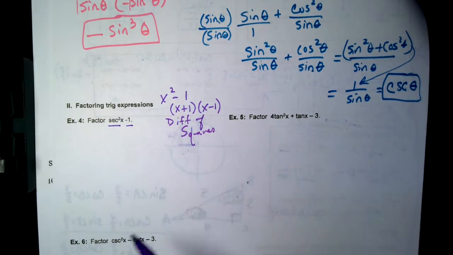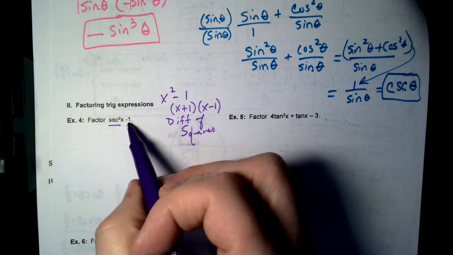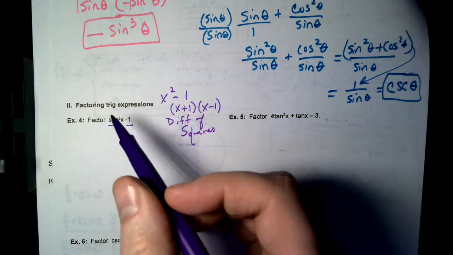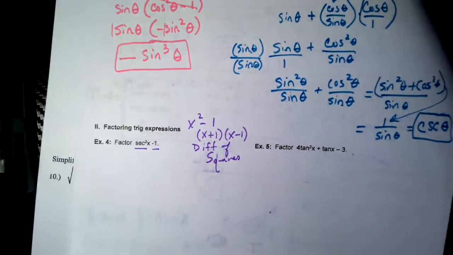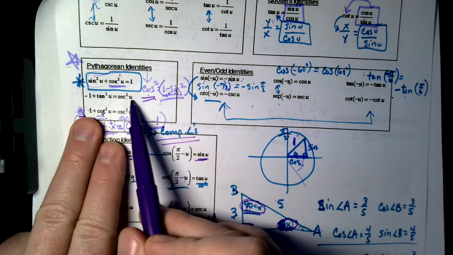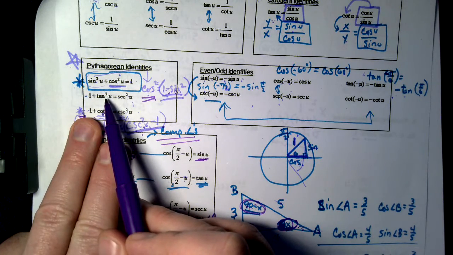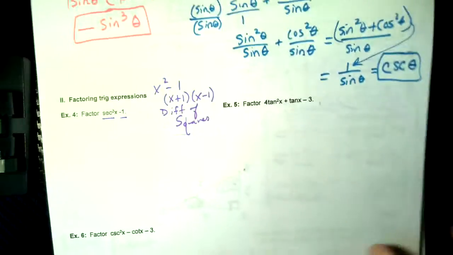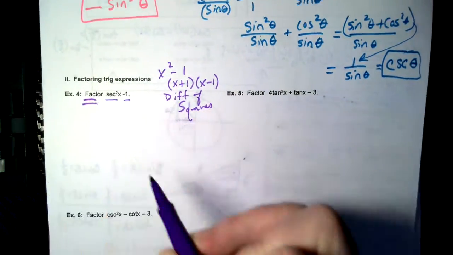Difference of squares pattern. So if I have secant squared x minus 1, I don't want to replace it. There probably is a replacement, isn't there? If I subtract 1, secant squared could be replaced with tangent squared. But they're not asking us to do that simplify stuff. It flat out said factor it.